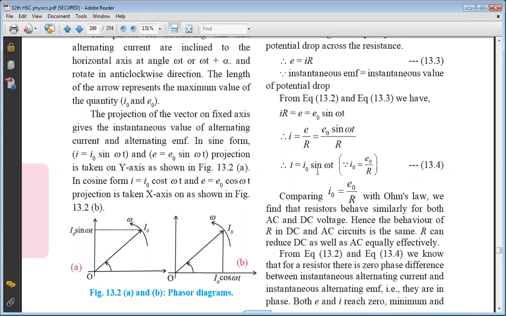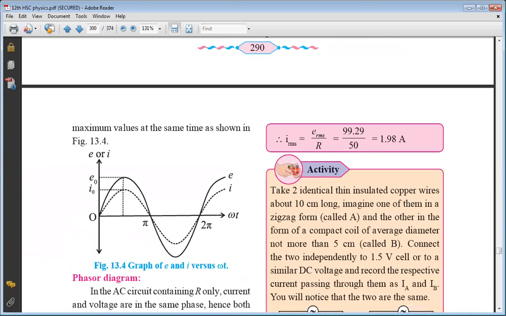When coil has turned through 270 degrees, sine 270 degrees is -1, I equals minus I naught. When coil has turned through 2 pi radians or 360 degrees, sine 2 pi is 0, so instantaneous current is 0. So current follows 0, I naught, 0, minus I naught, 0, these values. And for other intermediate angles, there are other values of EMF and current.